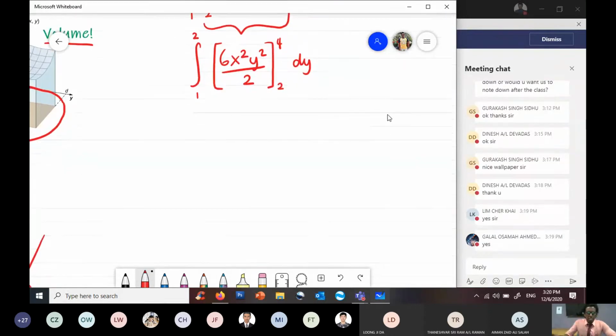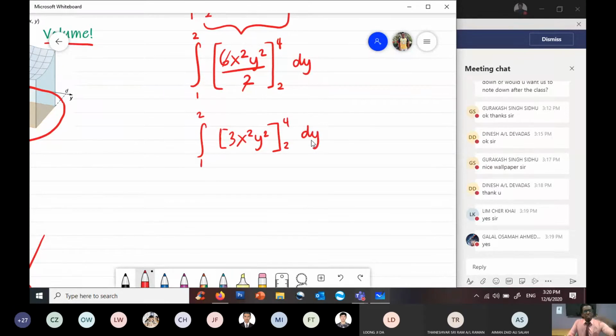This can be easily simplified. 6 and 2, you just cancel, it becomes 3x squared y squared from 2 to 4 dy. Let me just check. I did do the question before class, just want to double check, make sure I'm not wrong.